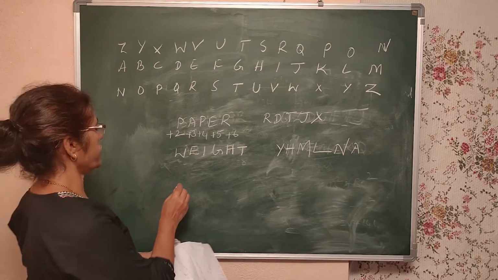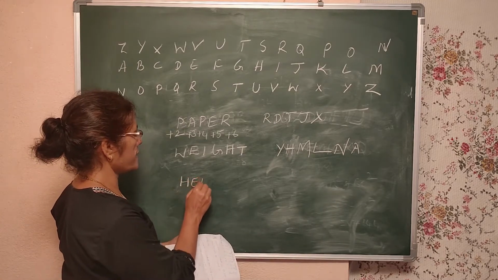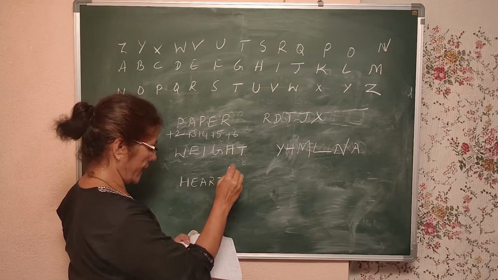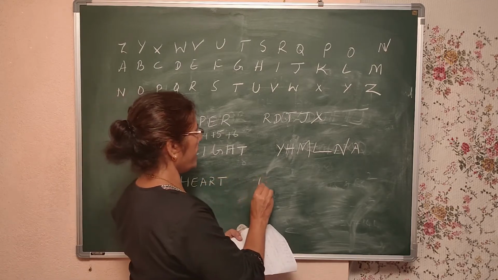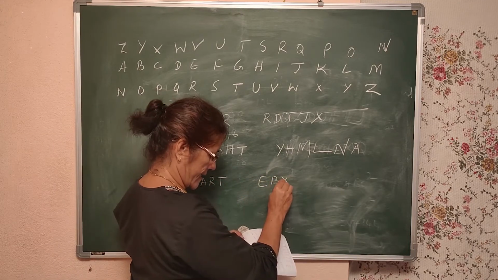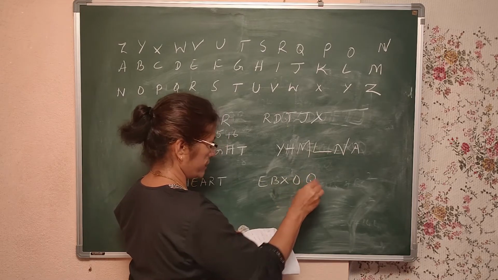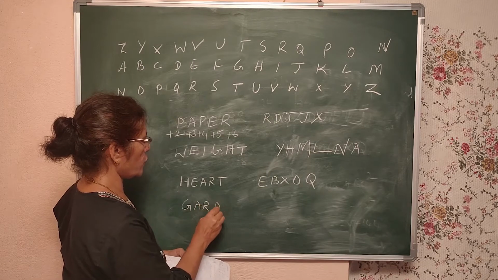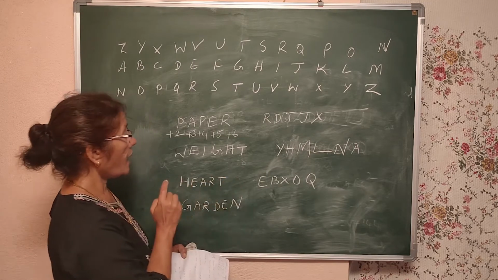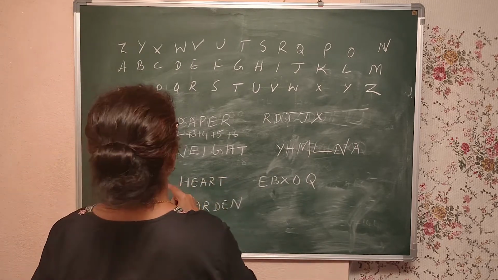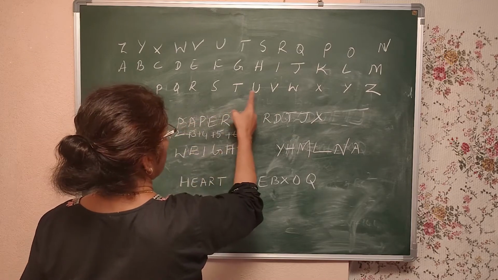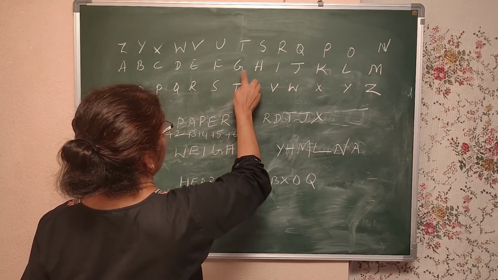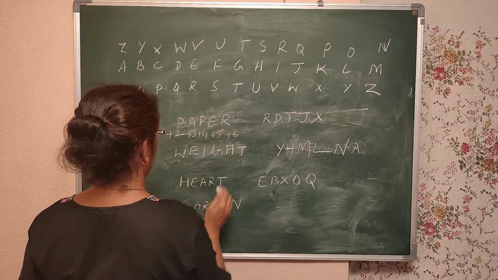If heart is coded as EBXOQ, garden is coded as what? Heart: H, E, 1, 2, 3.